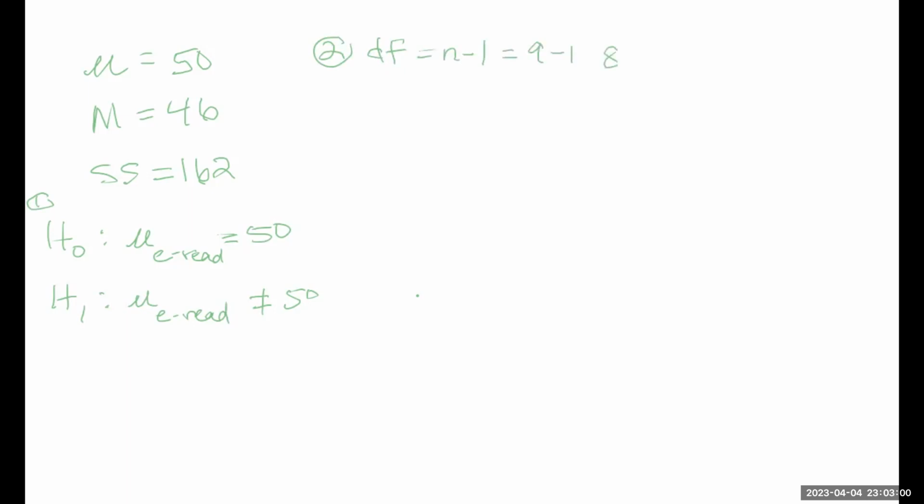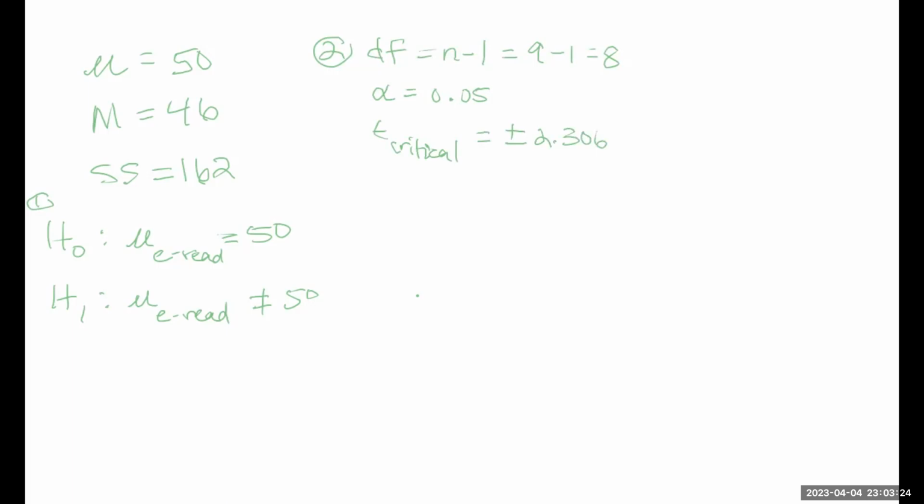We know that my alpha level is 0.05, or 5%. If we go to our t distribution table, we would find that our t critical is going to be plus or minus 2.306.